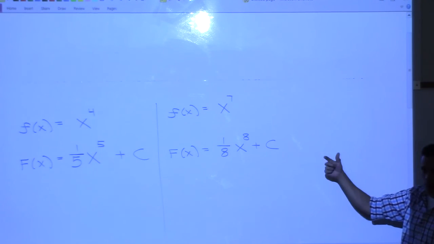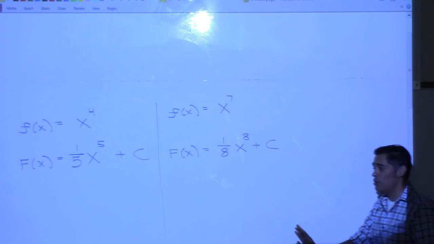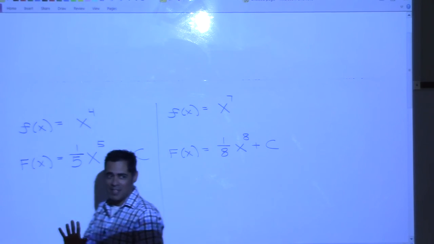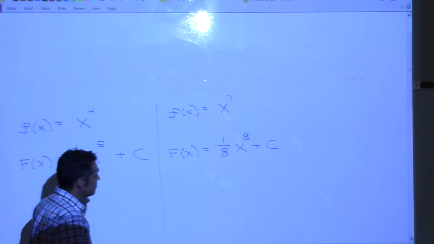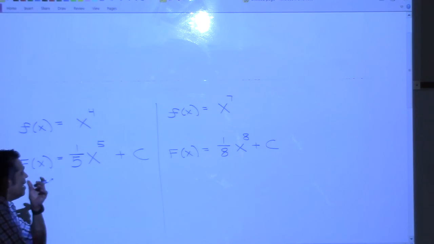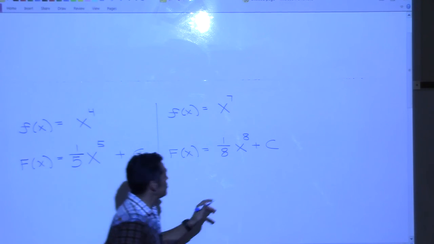Check it, take the derivative, it works, right? That is the good news in Cal 2. If there's any good news about antiderivatives, it's that you can always check your answer, right? You get an answer, you say, I think this is the antiderivative. You just take the derivative of it, and you should get what you started with. If you don't, then something's wrong. Okay, will this work for any power of x?